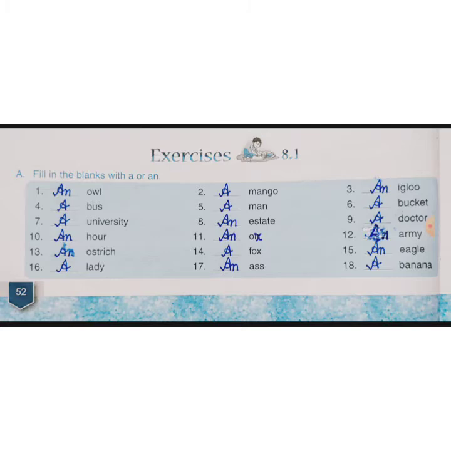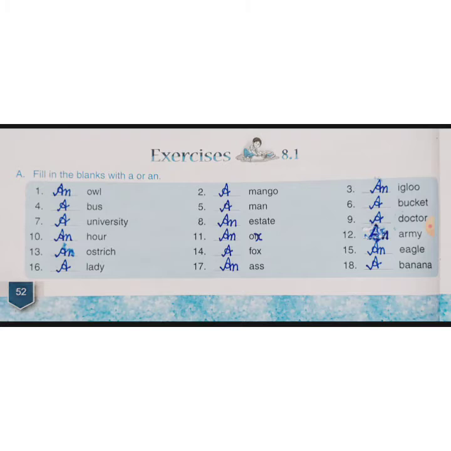Vowel sound is coming, an. 12th is dash army. Dear children, generally whenever we are talking about a group, at that time we use the, but here in this case you can see that we have to use only a or an, so we will write an over here, an army, right?